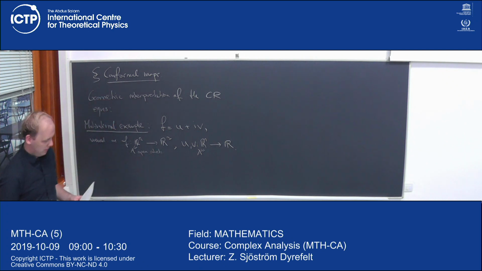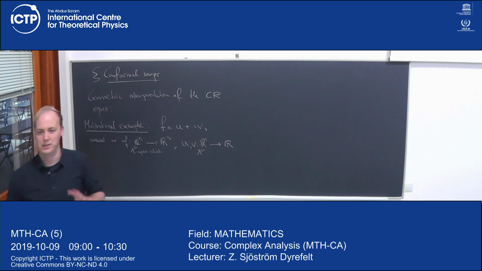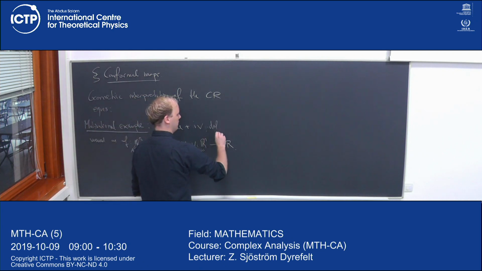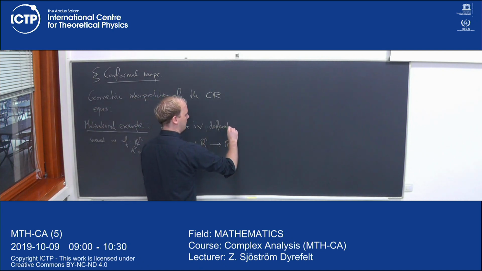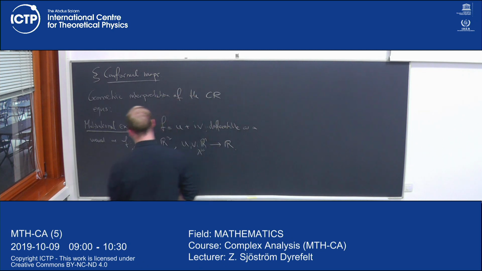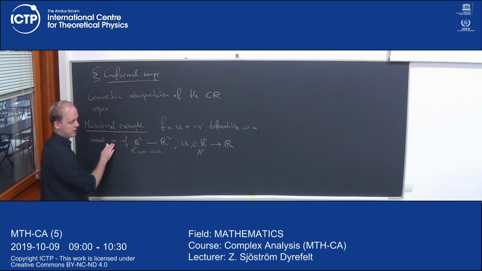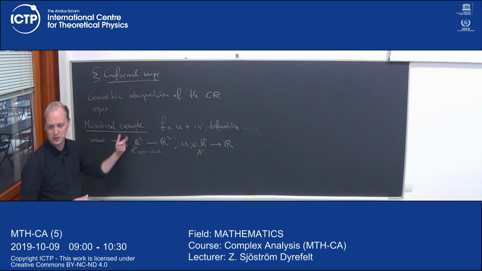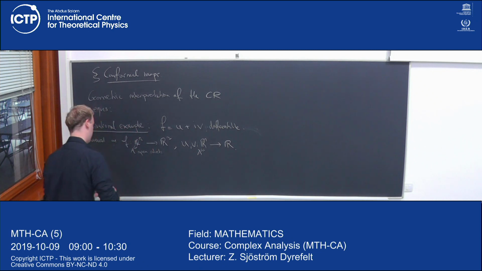Then what we can do is look at the total derivative. Assume that this is differentiable, not in the complex sense, but as a function from R2 to R2, so the partials exist. Then we can consider the total derivative.